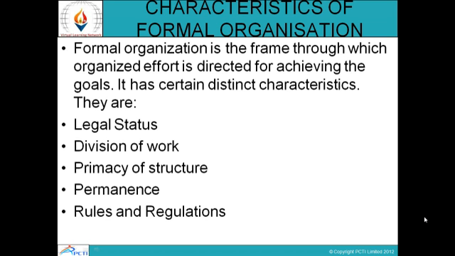Yes, they have a few characteristics. First, there is legal status, then division of work, primacy of structure, and rules and regulations. If we consider these factors, these characteristics give the organization a clearer idea and a more proper adaptation of the concept.